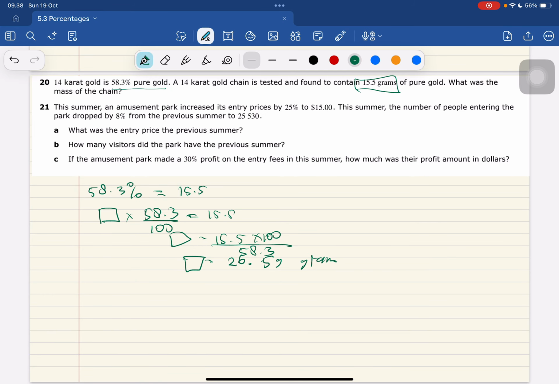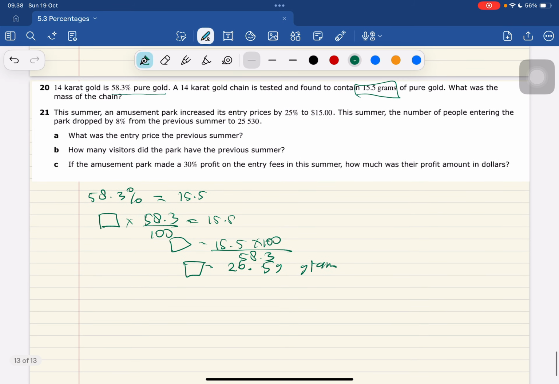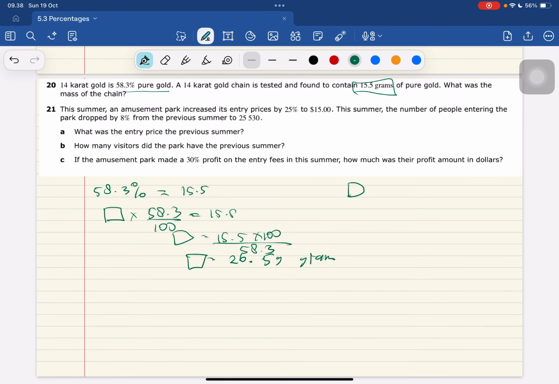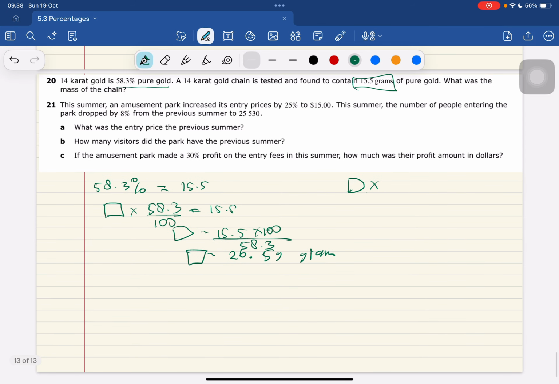Okay, next we got this. Last summer an amusement park increased the entry price by 25% to $15. This summer, the number of people entering the park dropped by 8% from the previous summer. What was the price in the previous summer? So if this is a 25 percentage increase, it's going to be 125 over 100 times $15.